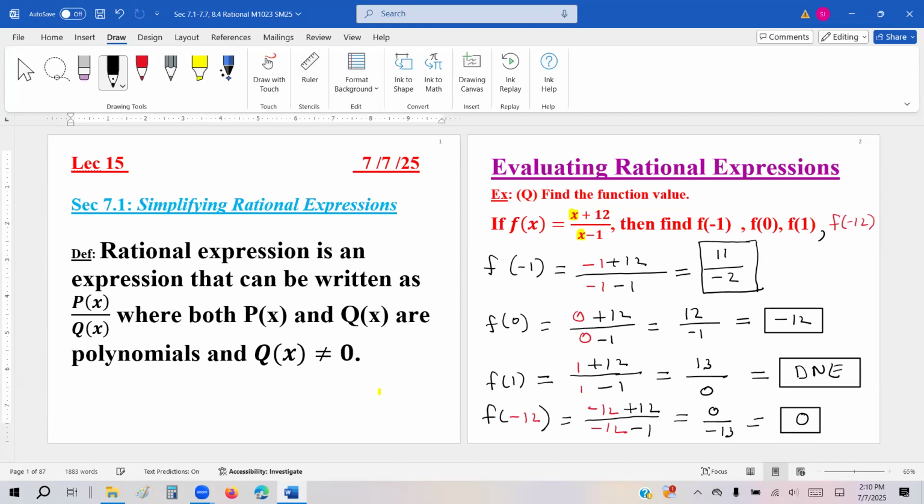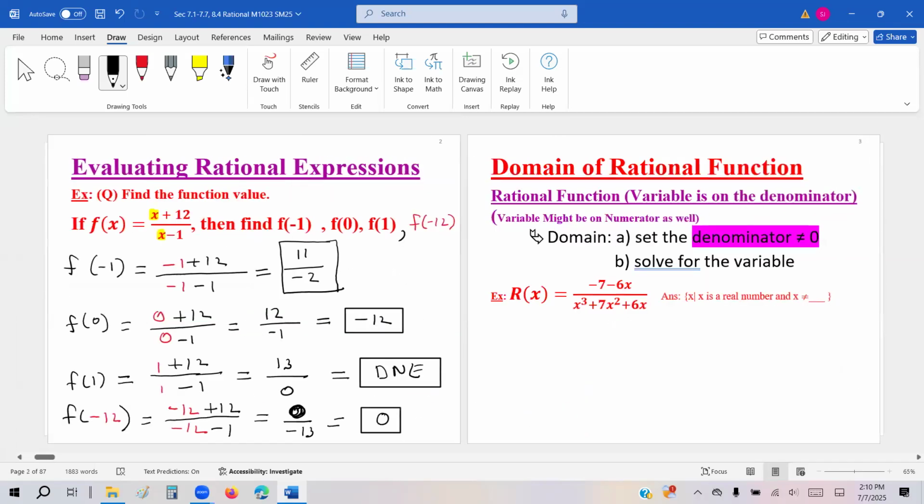So the main idea, when 0 is on the numerator, it exists. The answer is 0. But when 0 is on the denominator, we cannot divide anything into 0 pieces, so it becomes undefined. It doesn't exist. Okay? And that tells us the domain of any rational: the denominator cannot be 0.